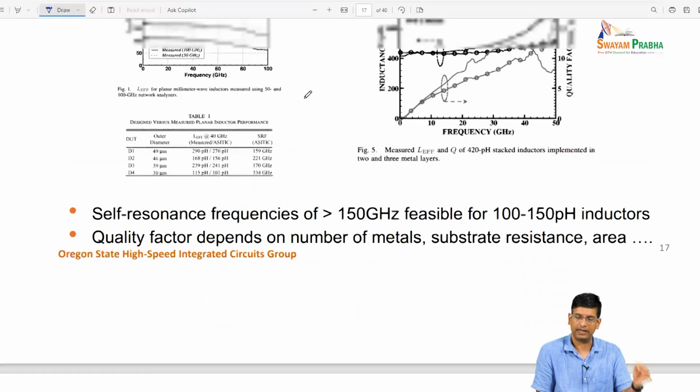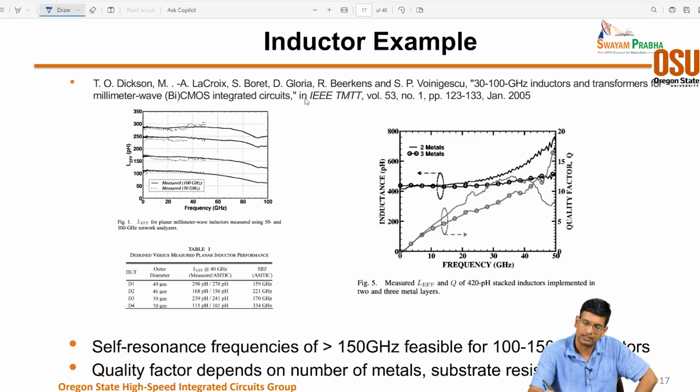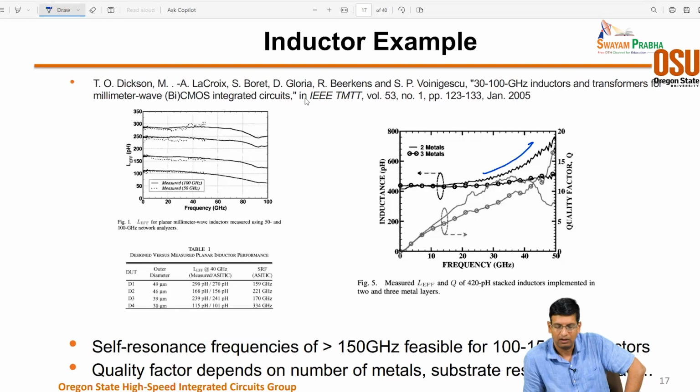This basically shows some typical inductors and transformers that you see, right? And you see this self-resonance impact happening where your inductance is going up across frequency, right? Effective inductance that you see.